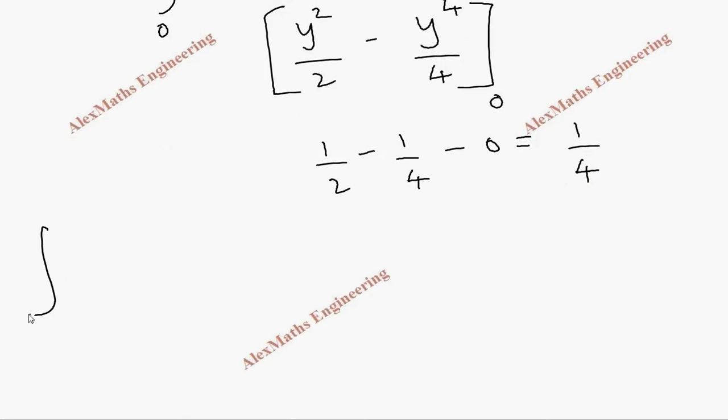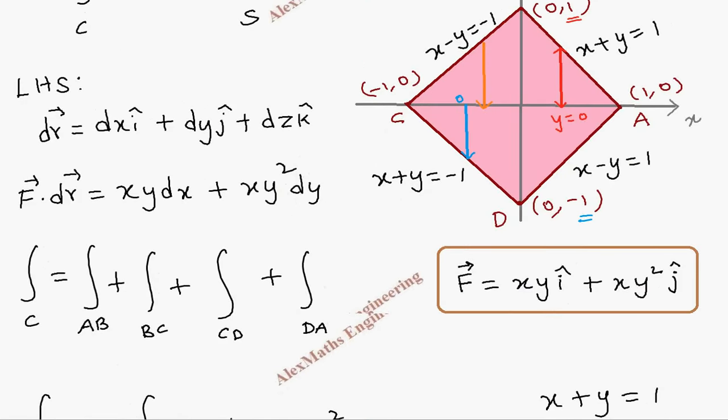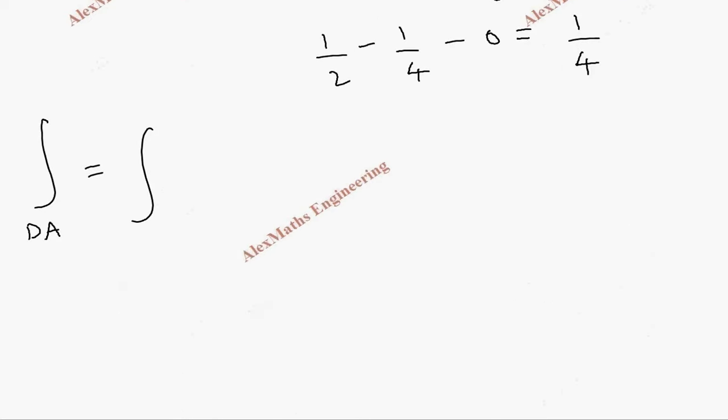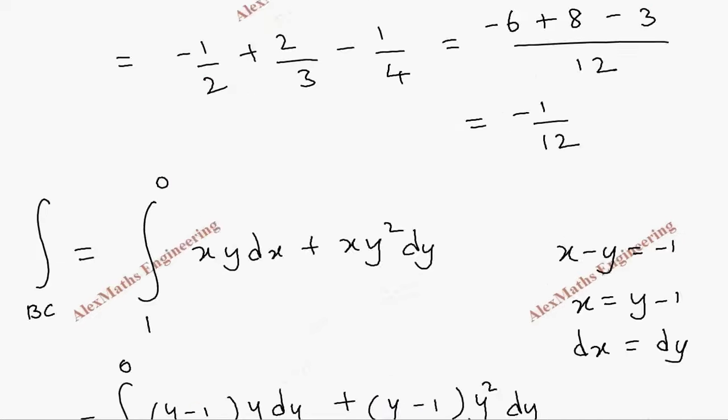Then coming to the last part, which is DA, and in this the limit is from D to A. So when it is from D to A, it goes something like this. So it varies from the lowermost minus 1 to 0. So minus 1 to 0 is our limit of y, and it is xy dx plus xy square dy, and its equation, we have it in the diagram, x minus y is equal to 1.